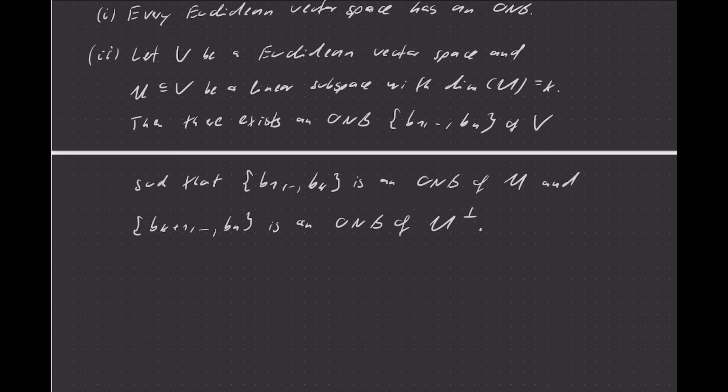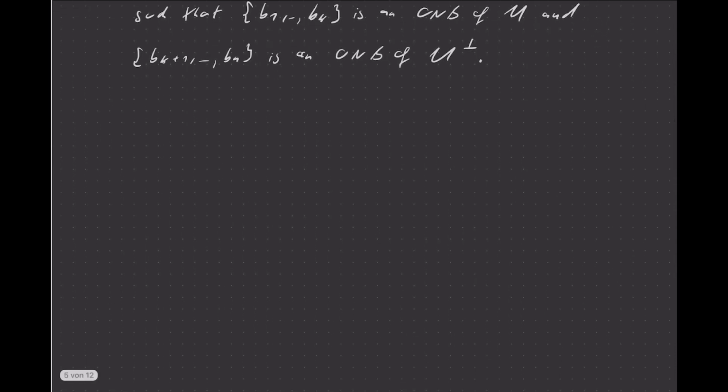Okay, let's finally look at an example of how to compute Gram-Schmidt. We'll consider a vector space called U that is spanned by two vectors in R3. So that's a subset of R3.